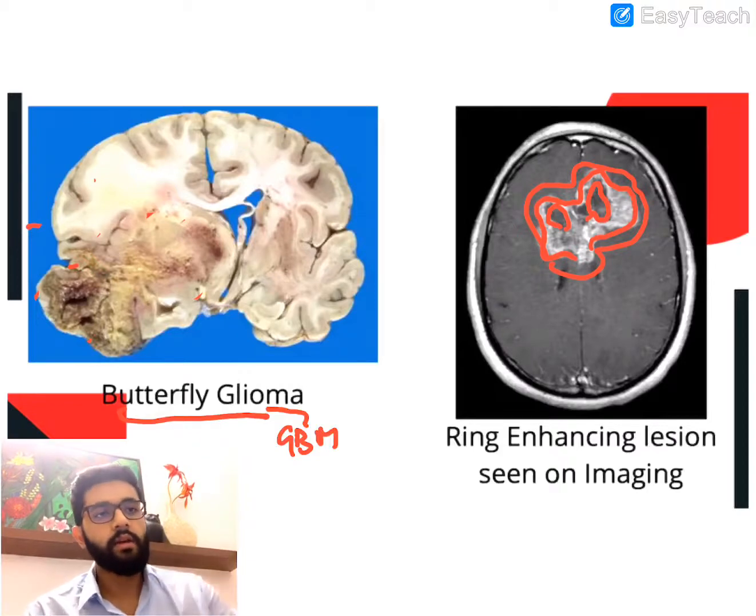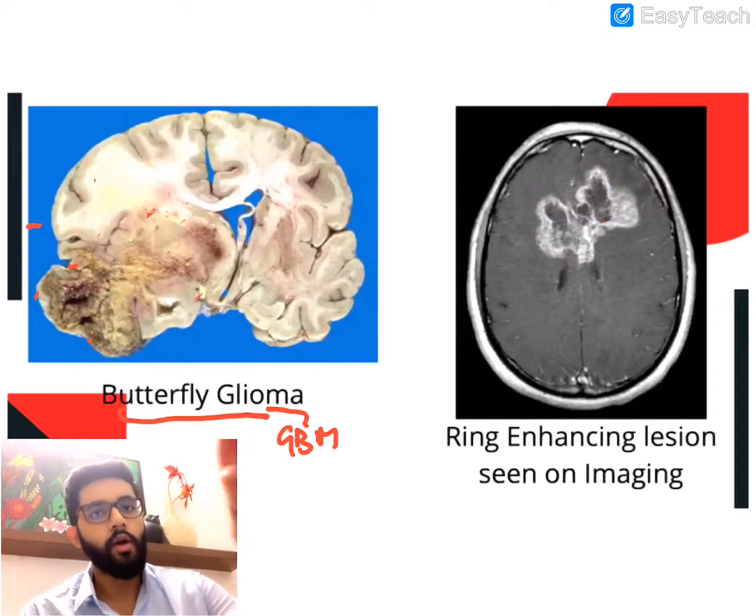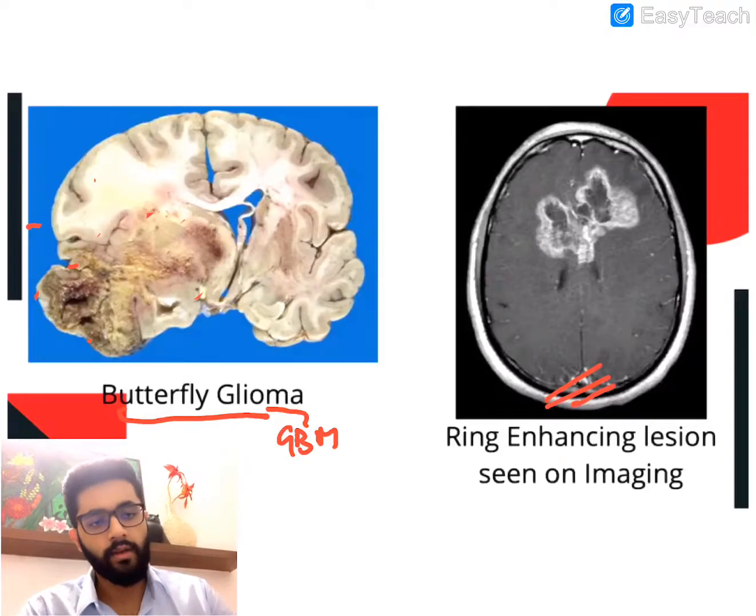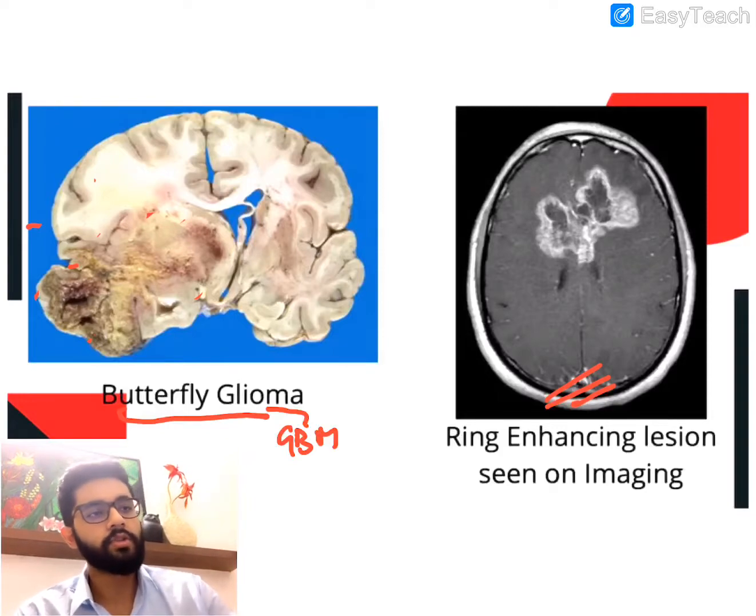These are the three classical things you see in the imaging of a glioblastoma multiforme. If you see a picture like this as a question, you know the answer is GBM. Very few tumors cross hemispheres, and this is a very typical picture. So remember, ring enhancing lesions are seen on imaging. Remember these two pictures very well.